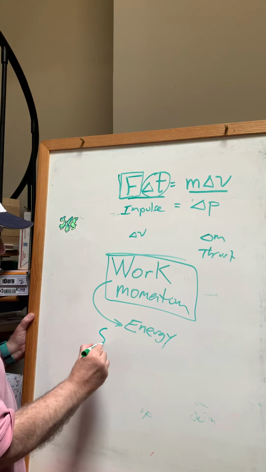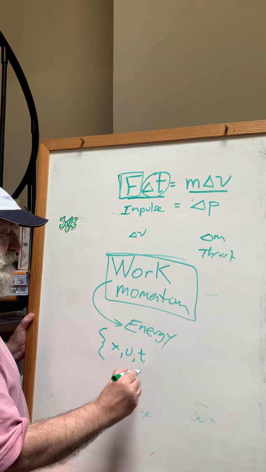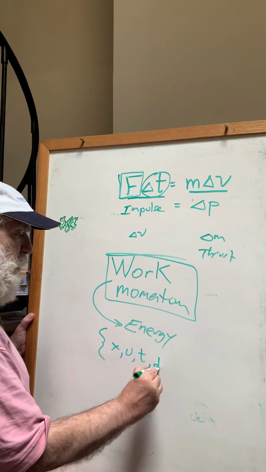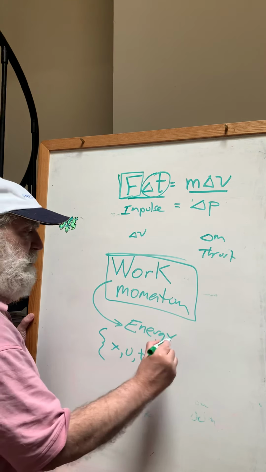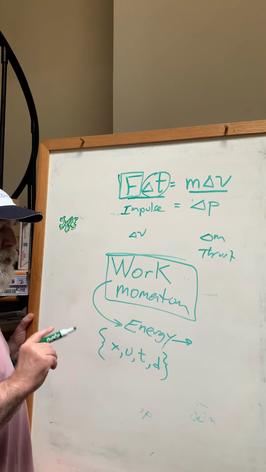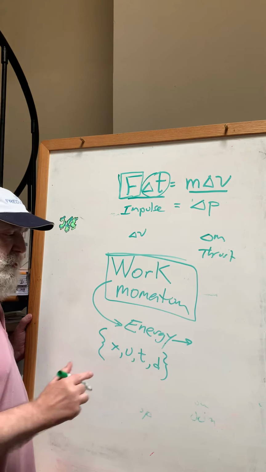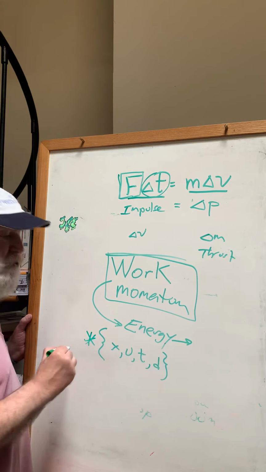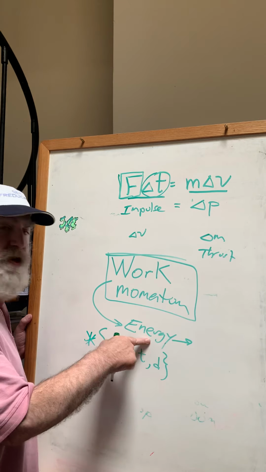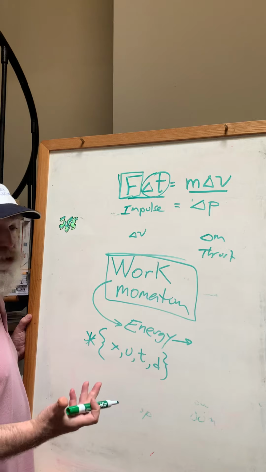Our big four contain the distance and the velocity of the object, the time, and where it is, the distance, and we want to express it in terms of energy instead. So we're going to be able to look at problems in two different ways, in terms of the big four, where something is, and in terms of the energy, what kind of motion results for the object.